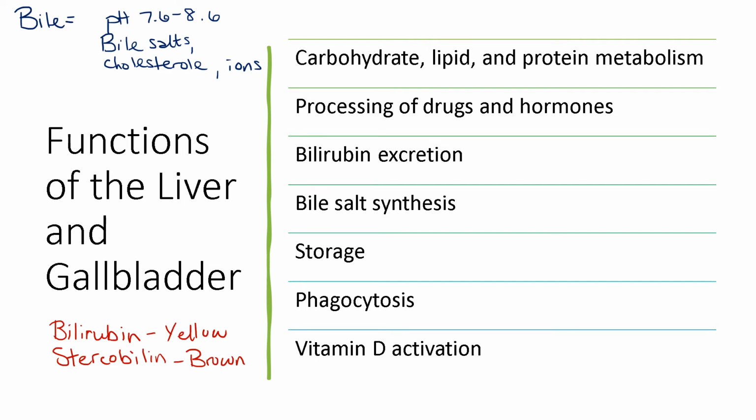Now, bile is partially an excretory product and partially a digestive secretion. Bile salts, which are really going to be sodium salts and potassium salts of bile acids, are going to play a role in emulsification.